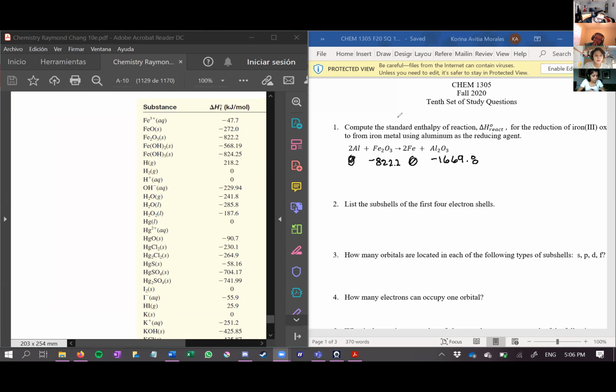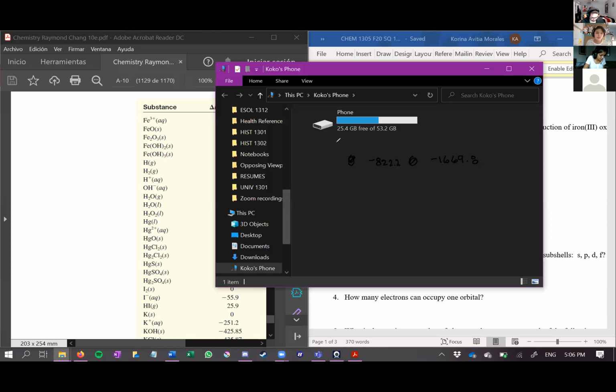You're usually going to be given them. So now what do you guys need to do with this information? You already know the enthalpies for each of the elements. What do you need to do? Reactants minus something like that? Well, you're on the right track, but it's not reactants first. What is it? Products minus reactants. Yeah, there you go.